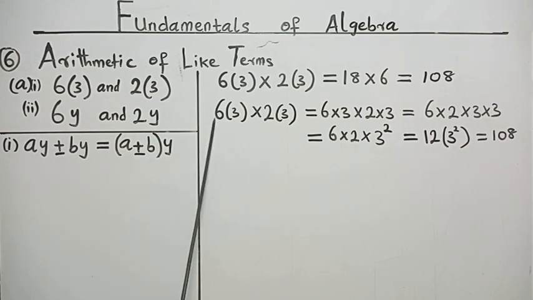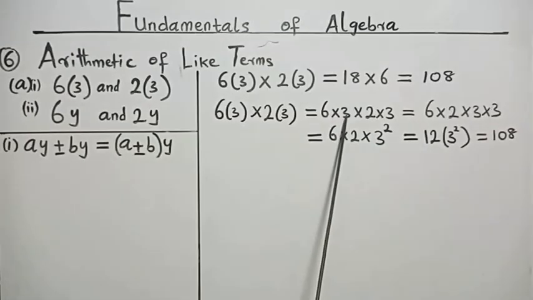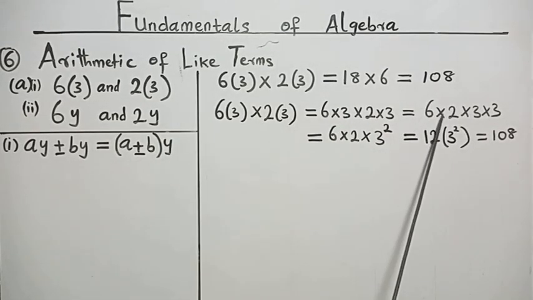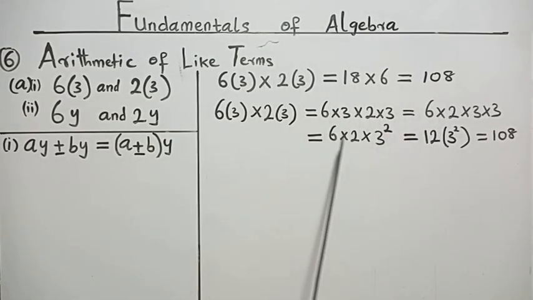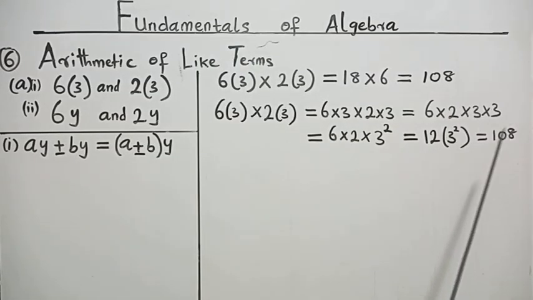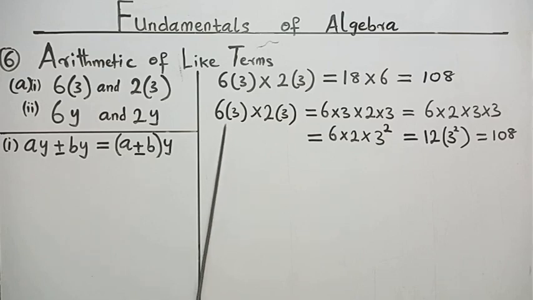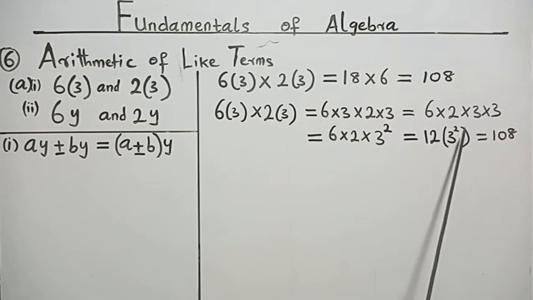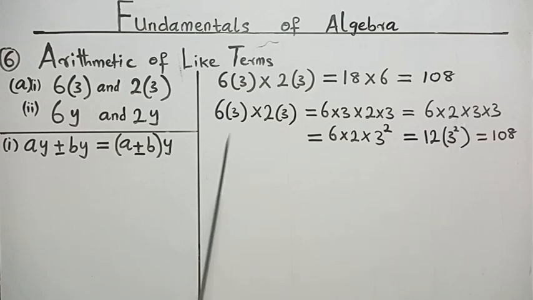I just want to write that 6 bracket 3 times 2 bracket 3 is equal to 12 bracket 3 to the power 2. And I compare it with this first one. Please let it happen.